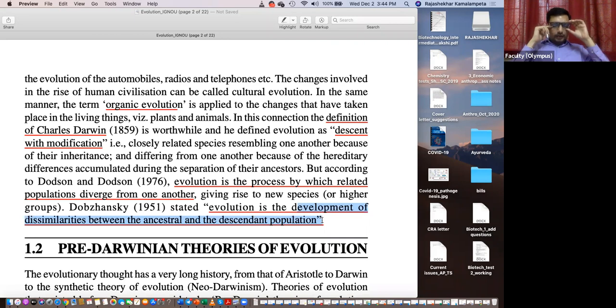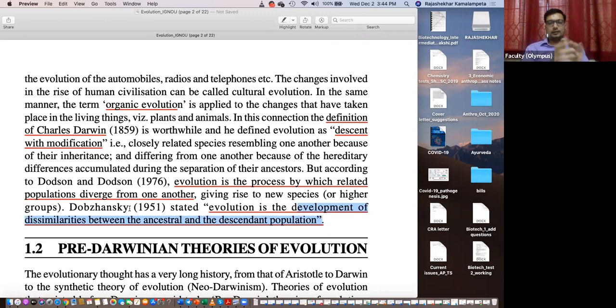I just want you to have an idea about the different ways we can explain the concept of evolution. But they all mean the same. They are all referring to the same thing, whether you say descent with modification as mentioned by Charles Darwin, or evolution is a process related to populations diverging from one another, change, but they have taken a specific route here.